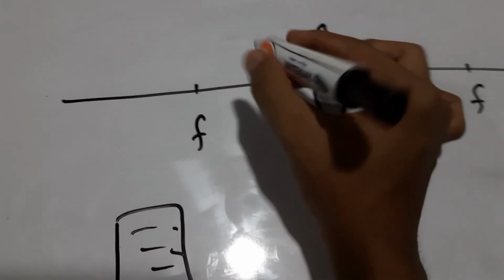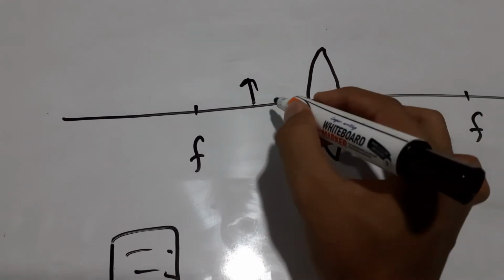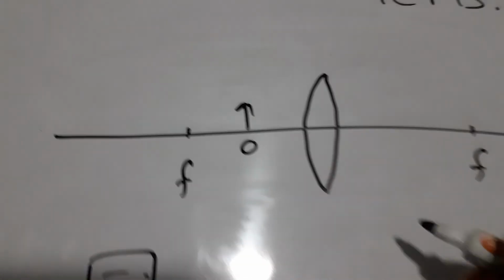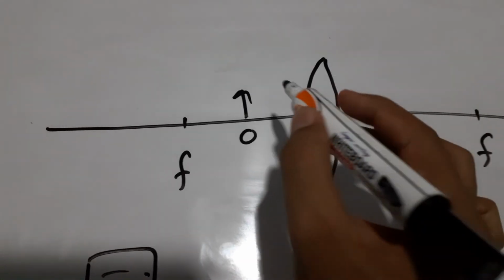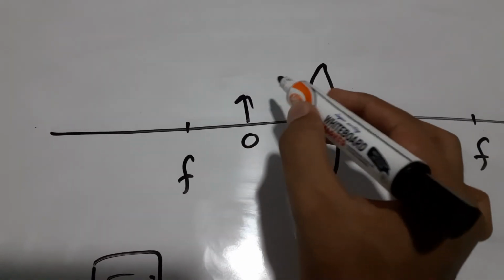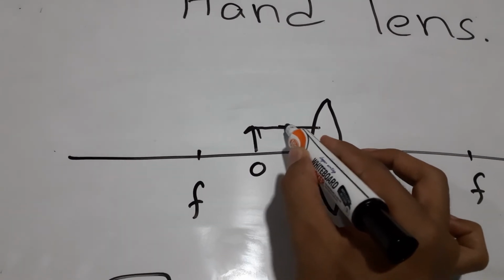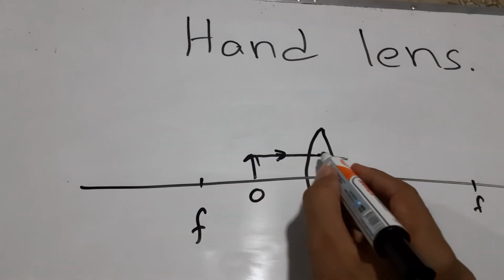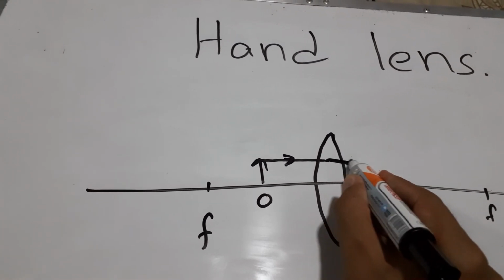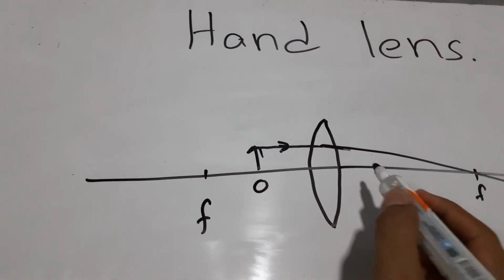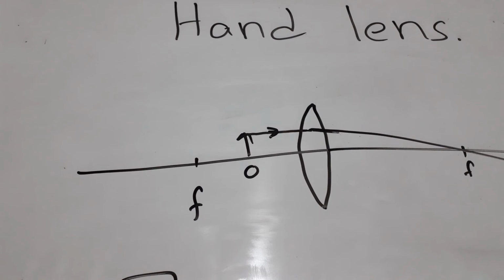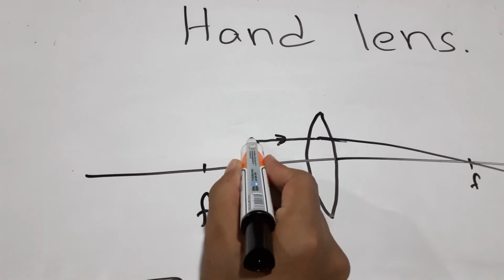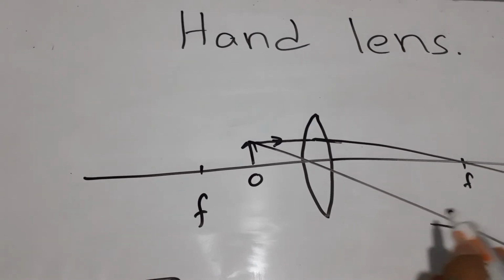So let's say this is the object, I mark it as O, and if you mark the light rays, we always take a light ray going parallel to the lens and it will be refracted through the focal point. Let's take another ray going through the optical center like this.